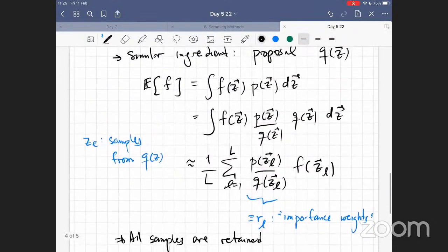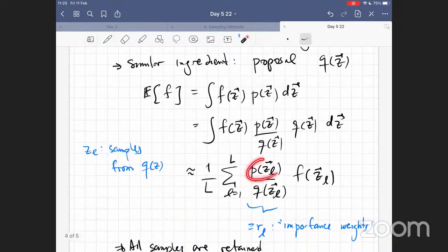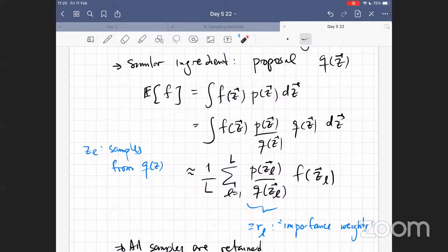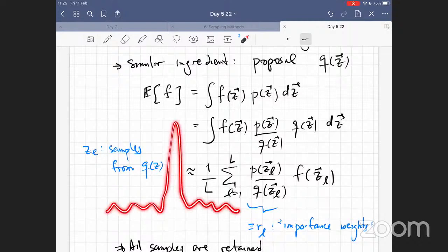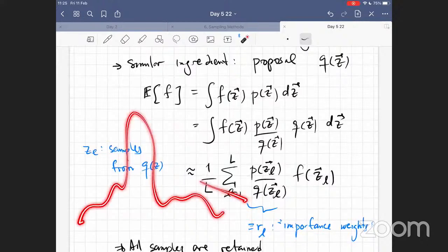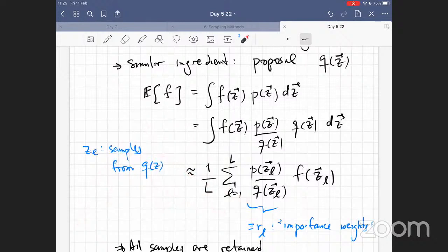Imagine that P is typically multimodal, very complicated, etc. So you may have a lot of probability mass concentrated in one region, but you are trying to approximate this thing by another distribution.